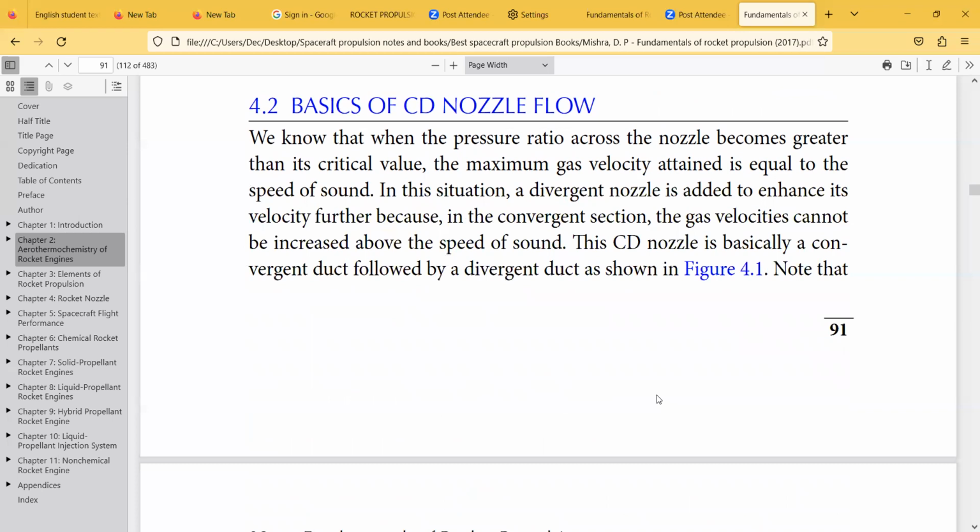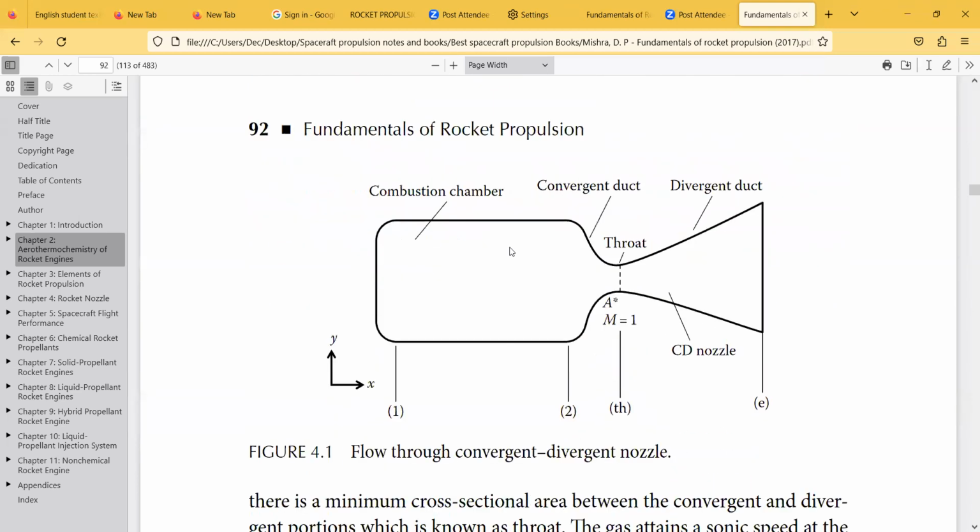How does the fundamental flow take place in the convergent divergent nozzle? That is our question. Okay, so in such case, let's come to the nozzle. So this is what we call the combustion chamber here, which is represented with number 1. And after the combustion chamber, we have a section having Mach number less than 1.